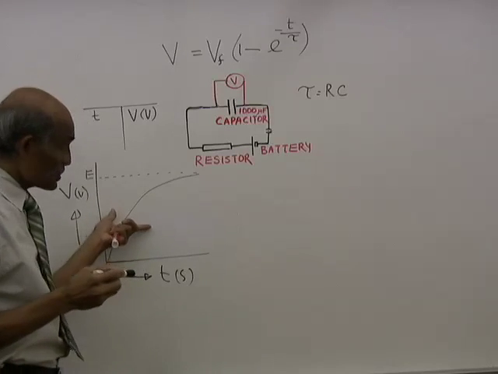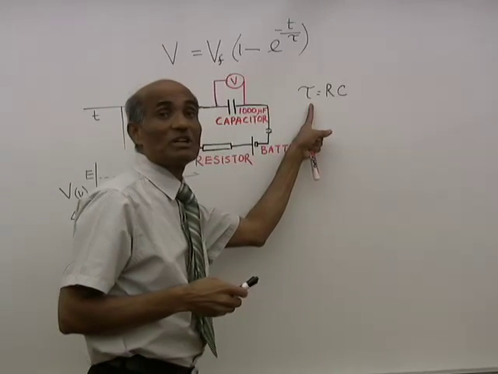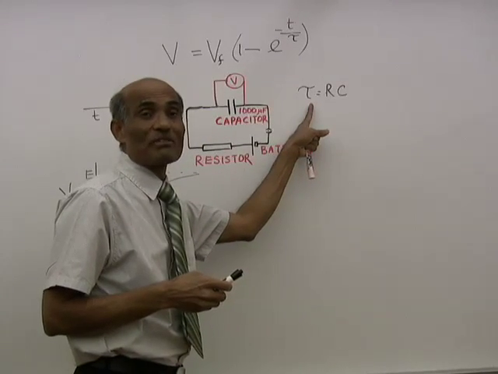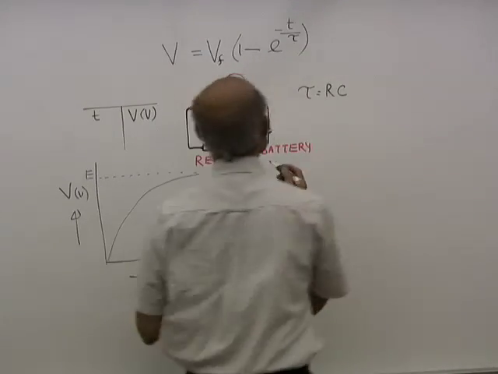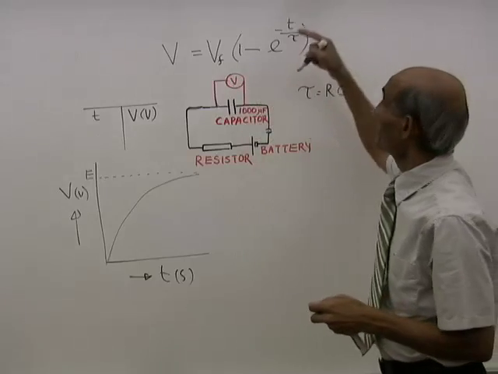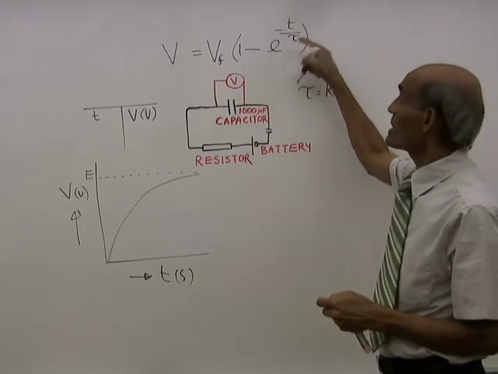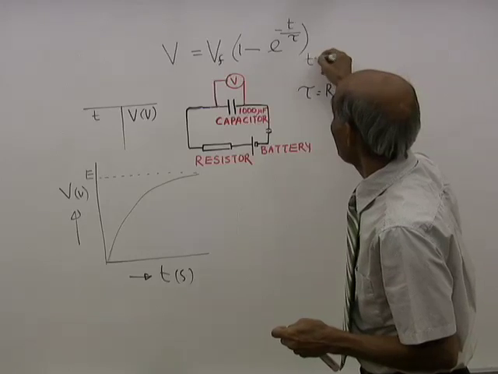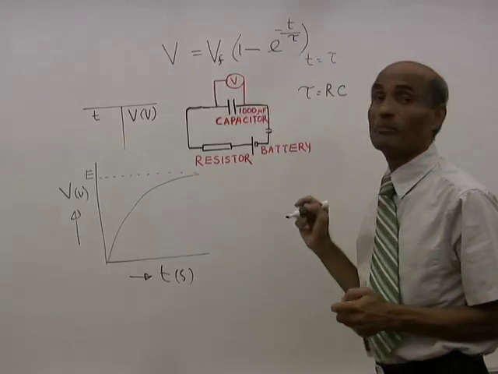Now, what information can you obtain from this graph? Well, we should be able to measure the time constant from this graph. How? Well, let us say we have actually done this in the theory. If this time t is equal to tau, now suppose we said t equal to tau, what will this expression become?